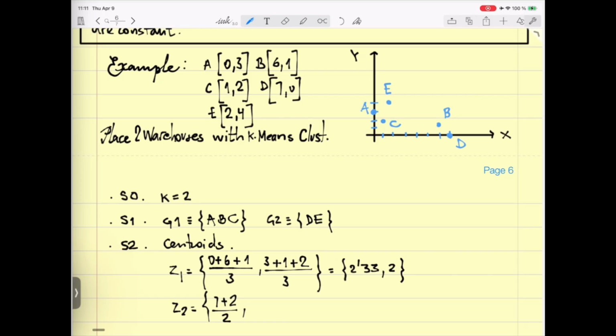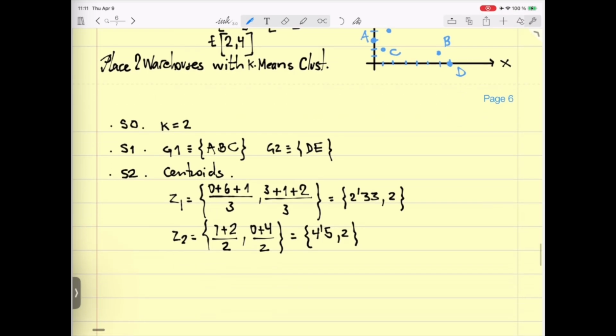There's always going to be something hidden that is going to make your life a little bit tougher. But that's how we get the best out of us when things are tough. Okay, so those are the two centroids of the system right now.